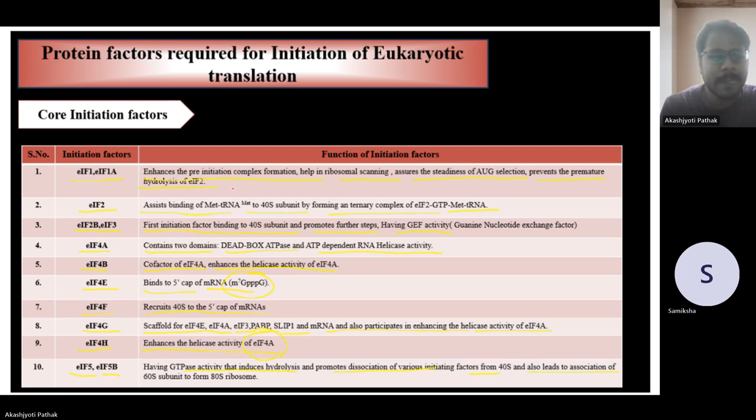In section B, they ask these types of questions. Which factor is involved in recognition of the 5 prime cap? Which initiation factor blocks the P site, the A site and the E site? From this table it will come.